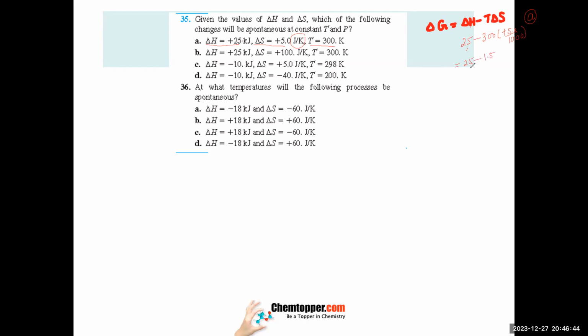Is the answer negative or positive? I'm doing it here. You can do the mathematics. Yusuf, do this mathematics. Is the answer negative or positive? Please take care. Joules has to be converted into kilojoules because this is in kilojoules. Any one of you doing it?